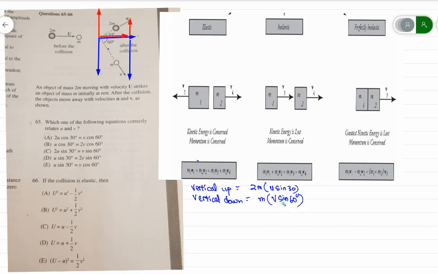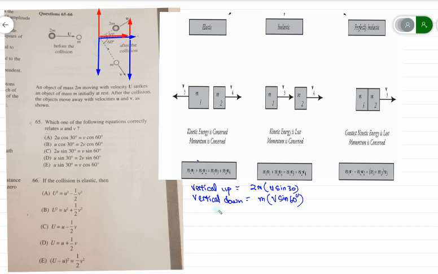Remember at the beginning there's no vertical component. After the collision two components are created, but according to the rules, the net component in the vertical direction is zero. That means they are equal to each other, to cancel off and end up with zero component in the vertical direction.